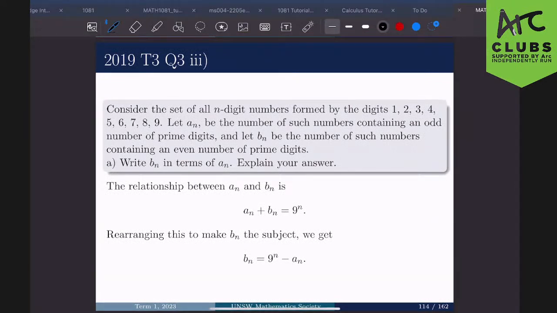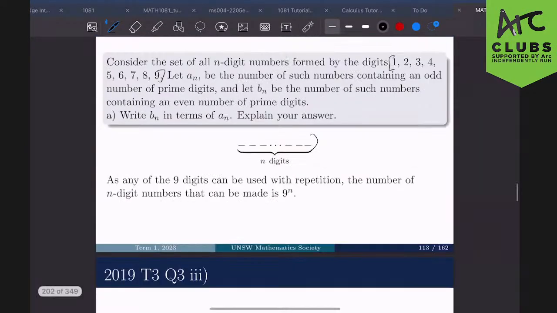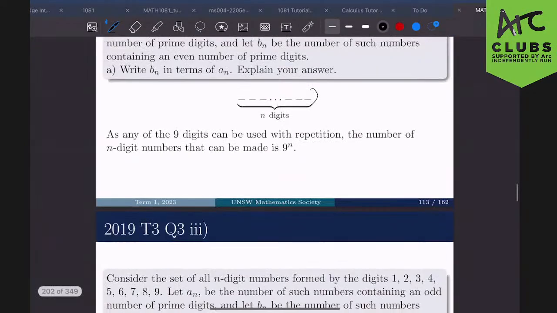So the sum of the ones with an odd and the amount which has an even number of prime digits is obviously just going to be equal to the total number of such numbers, which in this case is 9 to the n, right, where n is the number of digits. Hopefully that makes sense. So the first option you have 9, and then second, and so forth.